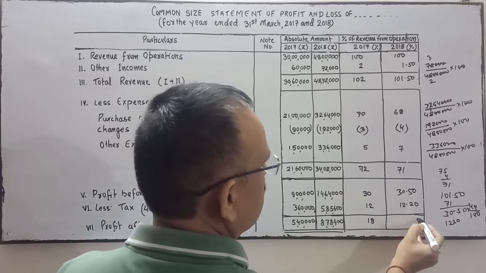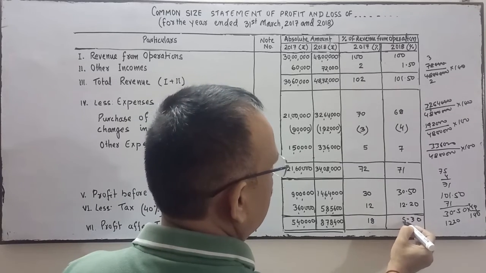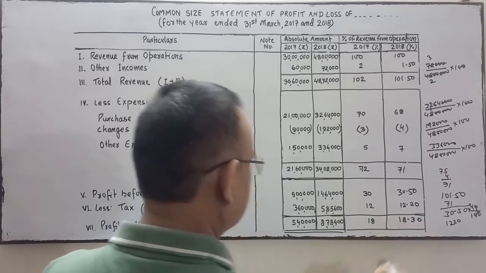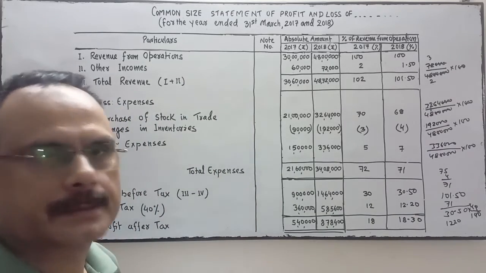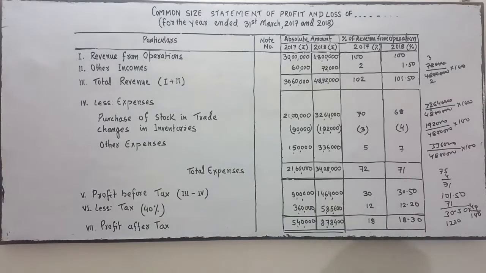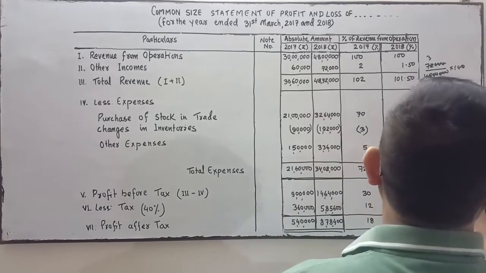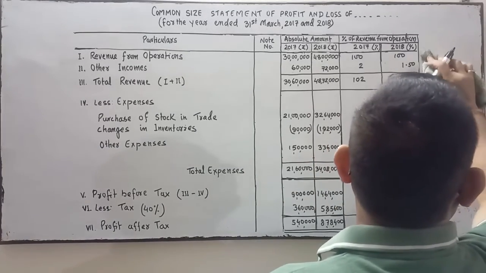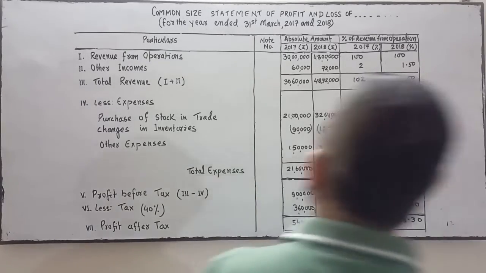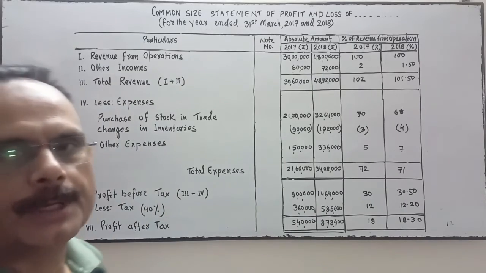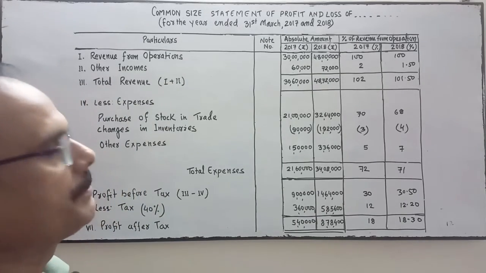So the difference will be 18.30%. So this is the calculation in common size statement of P&L. So it's very simple.